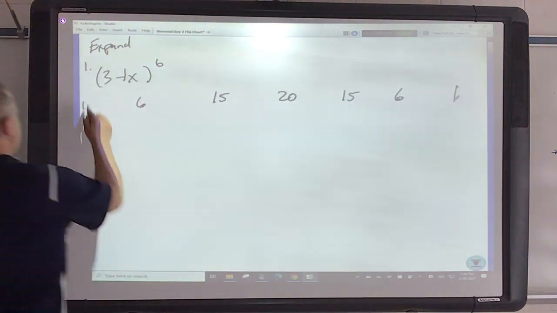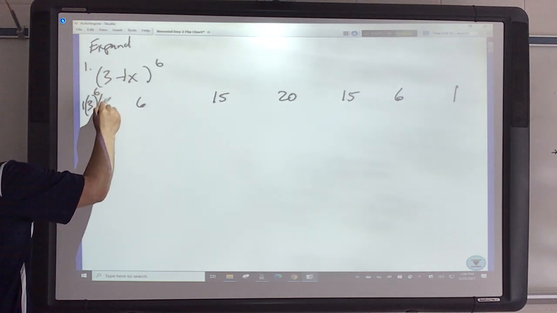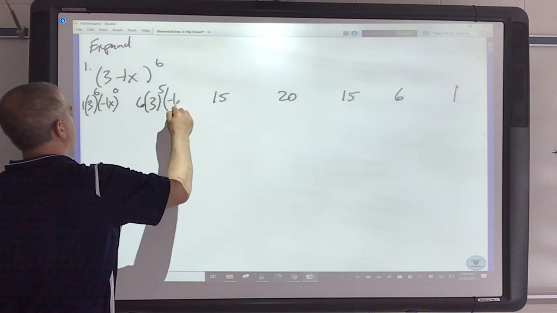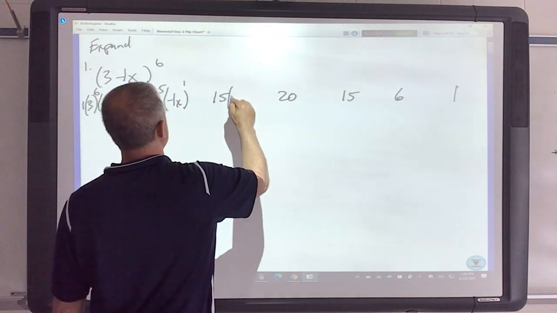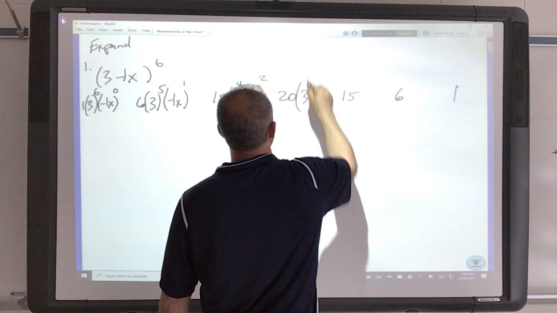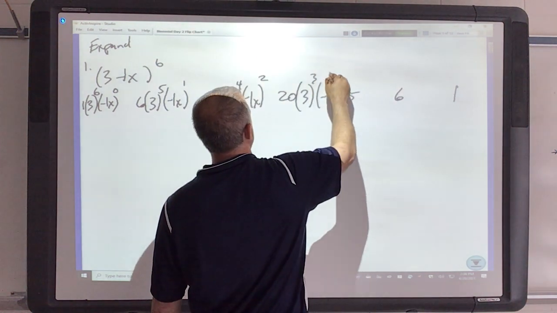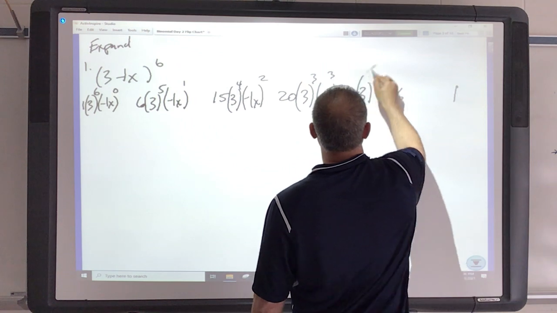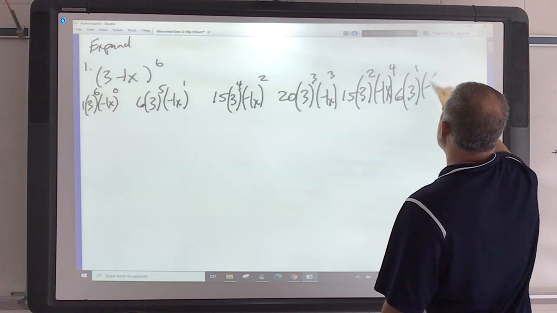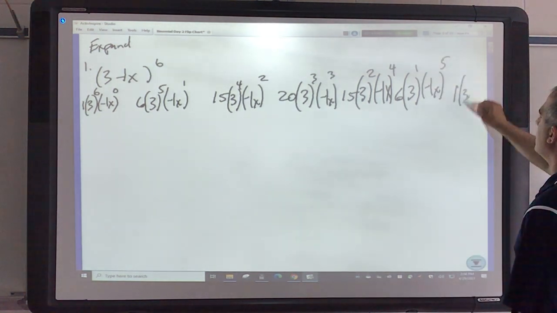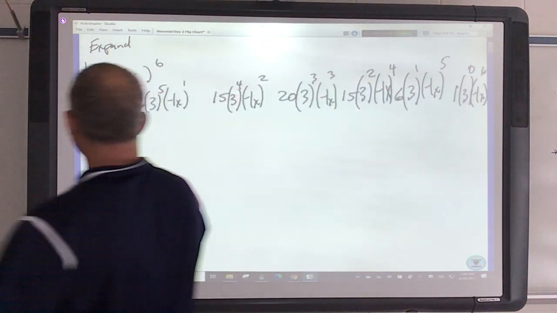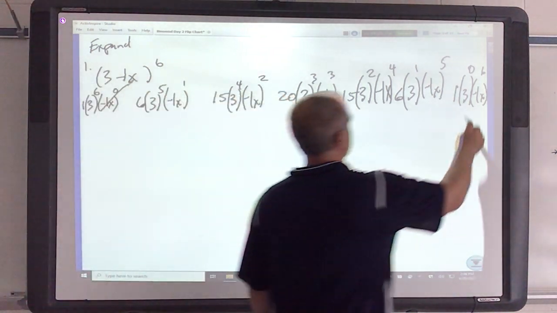So 3 to the 6th, (negative 1x) to the 0, 3 to the 5th, (negative 1x) to the 1st, 3 to the 4th, (negative 1x) squared, 3 to the 3rd, (negative 1x) to the 3rd, 3 squared, (negative 1x) to the 4th, 3 to the 1st, (negative 1x) to the 5th, 3 to the 0, (negative 1x) to the 6th. I know this can go away, that can go away, and then that can go away.